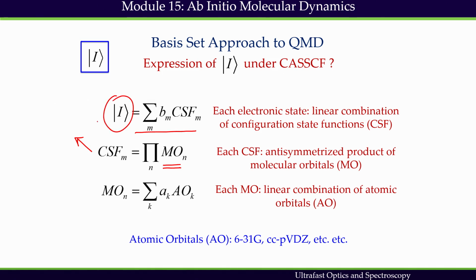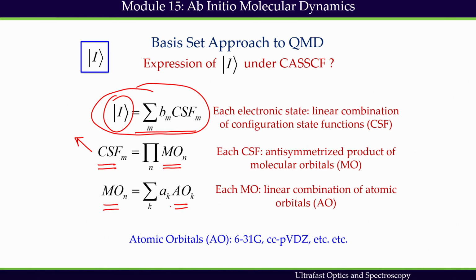So each configuration state function is a Slater determinant, and we add multiple configuration state functions and get the final electronic wave function. In the single Slater determinant approach, for example MP2 or Hartree-Fock, we do not use this expression. We only use a single configuration state function, and that's the only difference between CAS-SCF and other single Slater determinant approaches. And each molecular orbital is expressed as a linear combination of atomic orbitals.